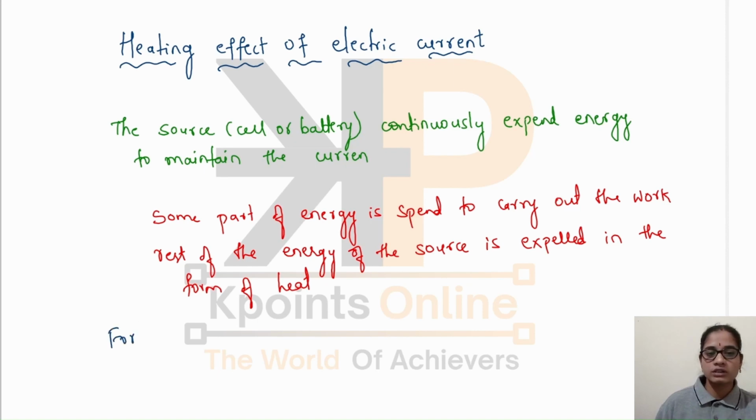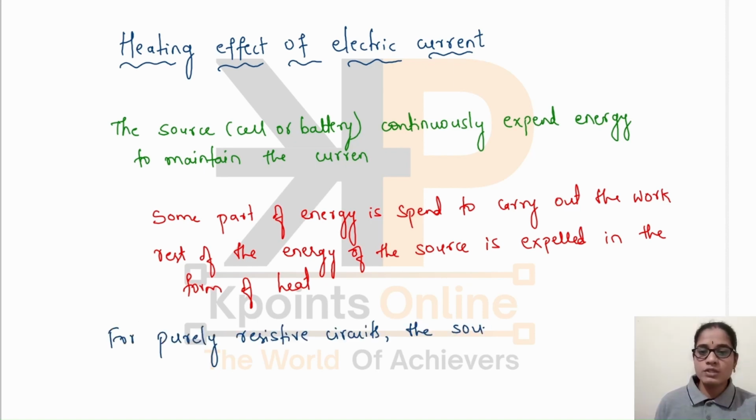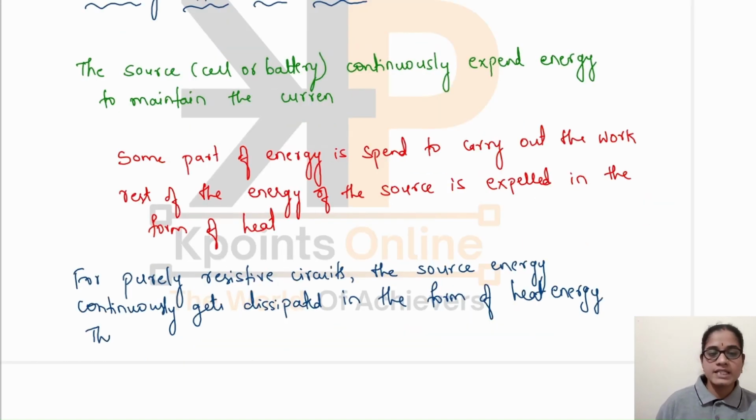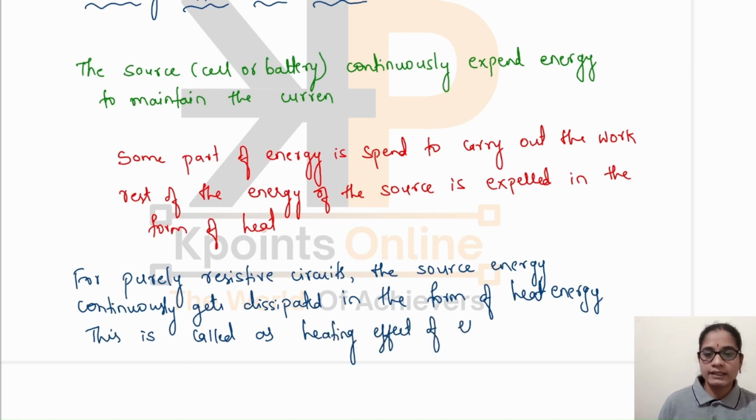For purely resistive circuits, the source energy continuously gets dissipated in the form of heat energy. This is called as heating effect of electric current.